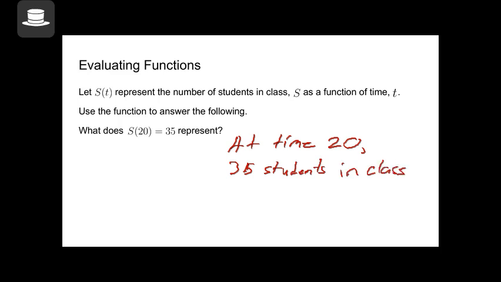The same way at month 4, the stock was worth $100, okay? So S of 4 would be equal to 100. So that's just putting into context what this function notation really means.